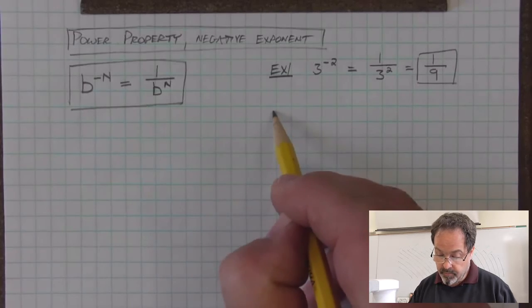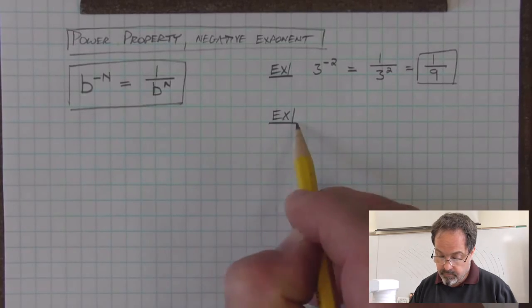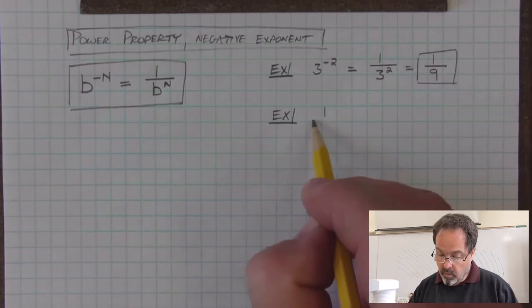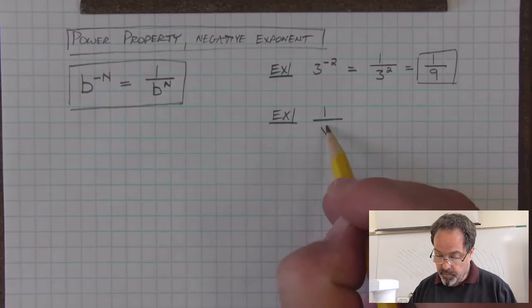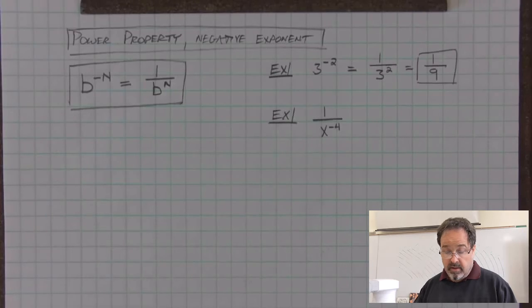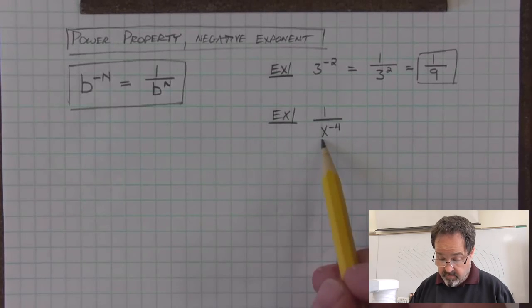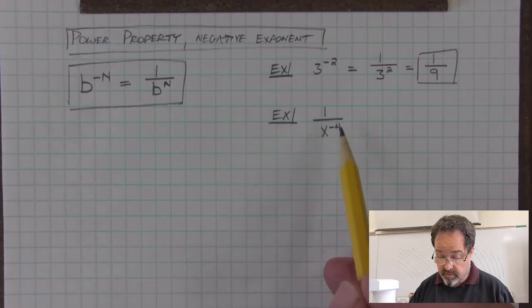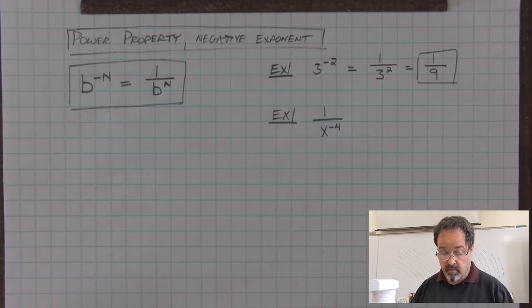Let's give another example. 1 divided by the power x to the negative 4th. Again, we have a power with a negative exponent. The base is x, the exponent is a negative 4, but this power is also in the denominator of a fraction.